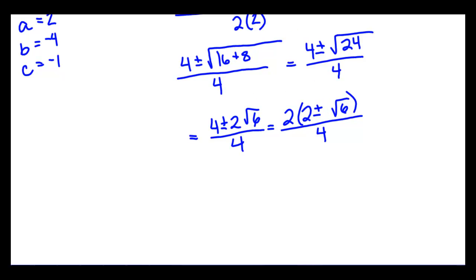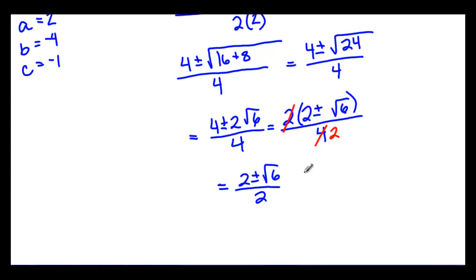And then we have a 2 and a 4, and now we can reduce because of the multiplication on top. So this 2 is going to go away, this 4 is going to become a 2. And so we're ending up with 2 plus or minus the square root of 6 all over 2. And then this is done. Again, you cannot cancel these 2's.